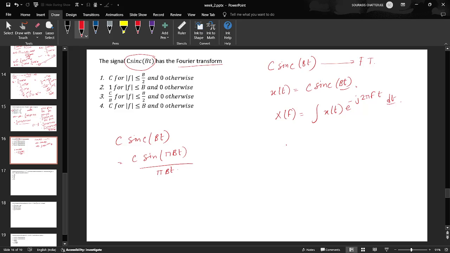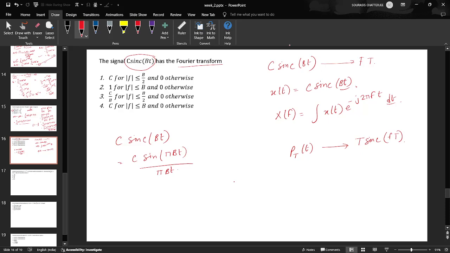So we have already seen that a pulse of duration T, p_T(t), has this Fourier transform T sinc(fT), right?